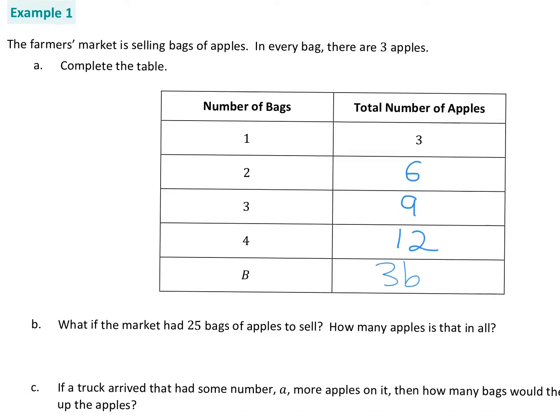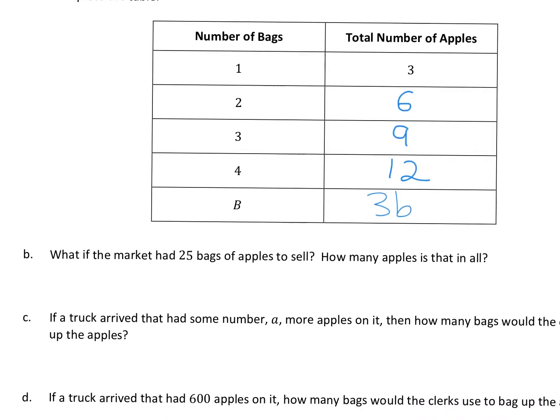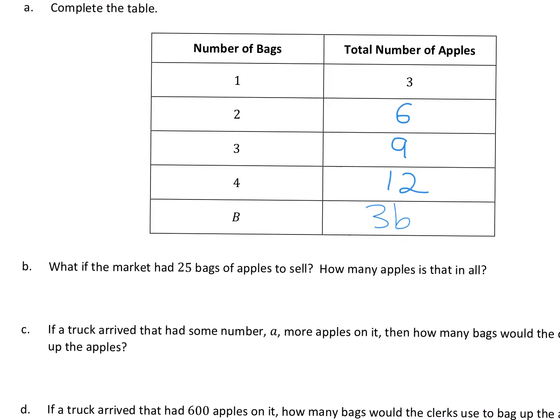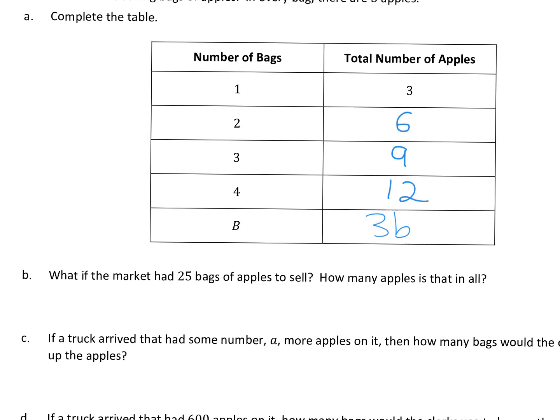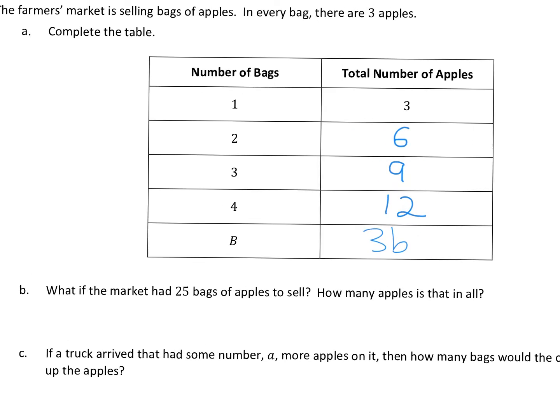And then it says, what if the market had 25 bags of apples to sell? How many apples is that in all? So in this case, the number of bags is 25. And we're trying to find the total number of apples. Well, instead of continuing our table way down to 25, we could just say we have 25 bags, so B is equal to 25.